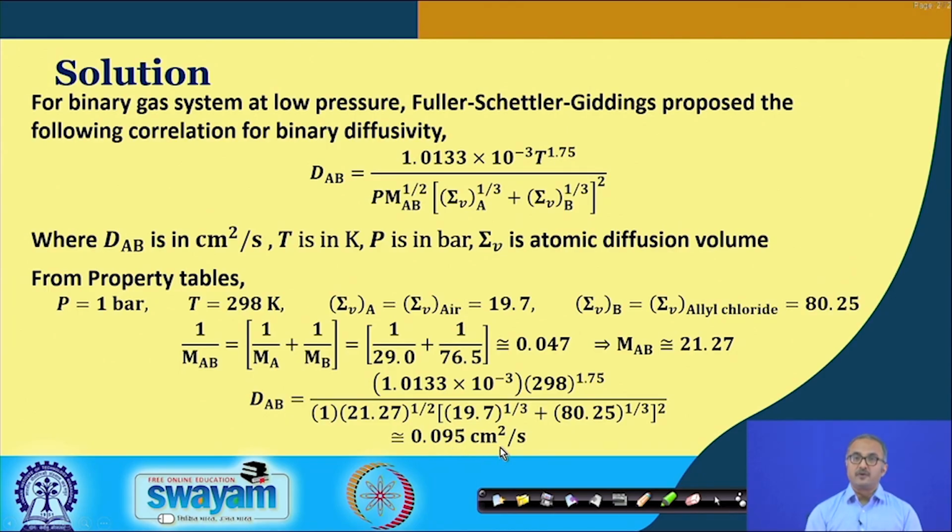Now, this is for allyl chloride into air. You see this diffusivity value will differ for different types of systems. Gases will have the highest diffusivity, then liquid, and the least will be the solid. So, depending on the type of the species and its phase, the diffusivity value will keep changing.